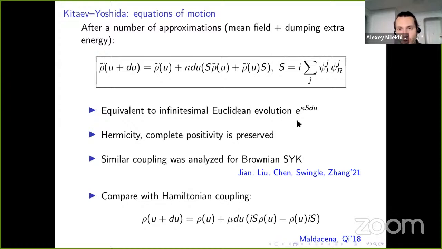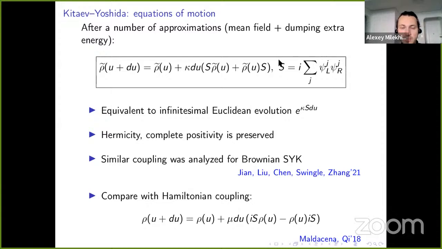It's always nice to have some evolution operation in the form of an exponent, and you can indeed argue that you can approximate the above dynamics by such an exponent. You use mean field approximation, and also you drop some dissipative terms which do not do anything to the entanglement but only generate energy, and you end up in this very nice form where you have an anti-commutator in the time evolution.